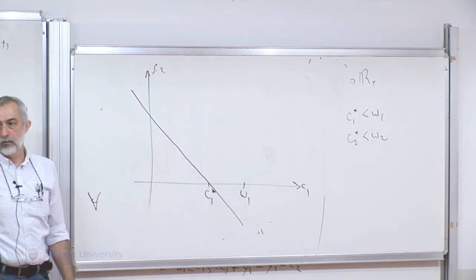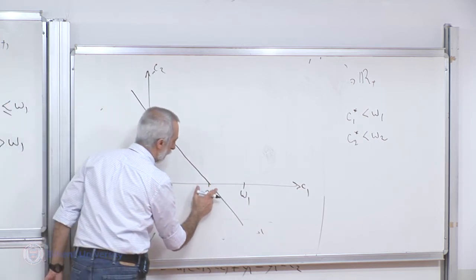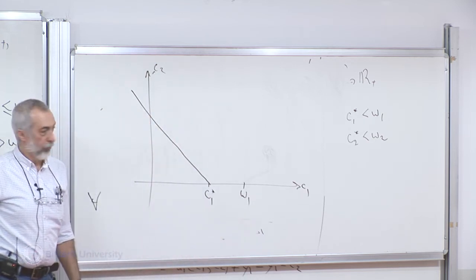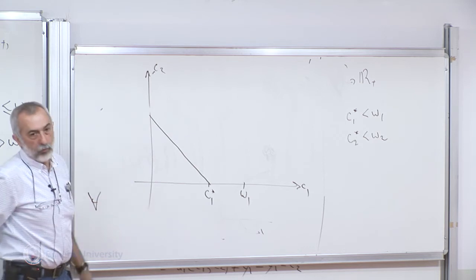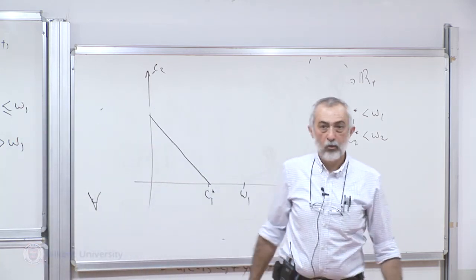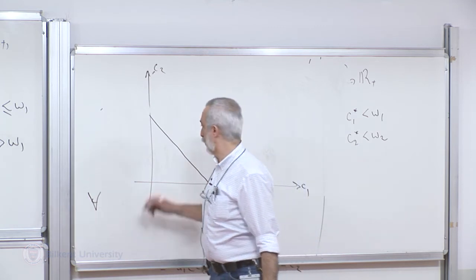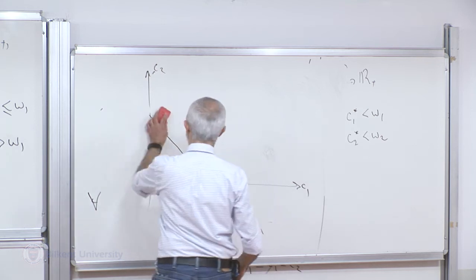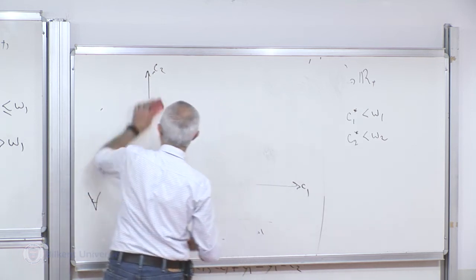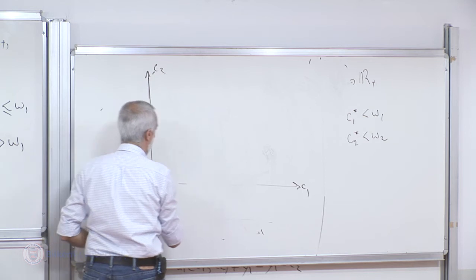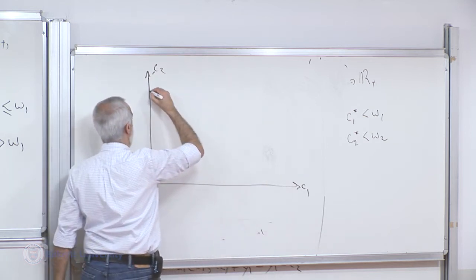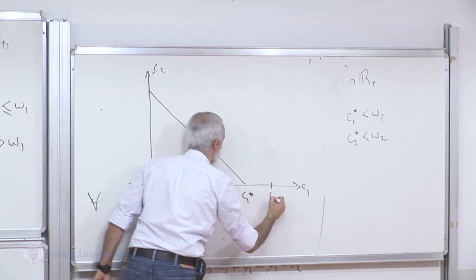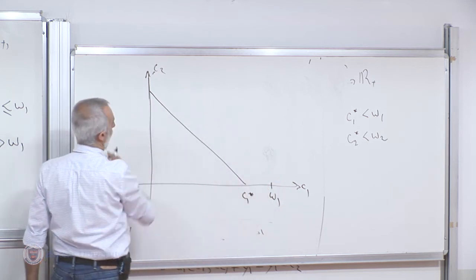That's this line. But of course, player 1 cannot contribute a negative amount. Moreover, player 2, actually, let me draw it a little bit bigger so it's more visible. Okay.